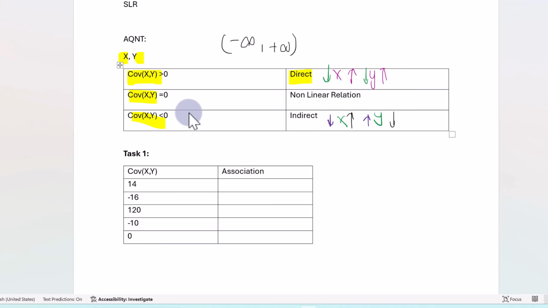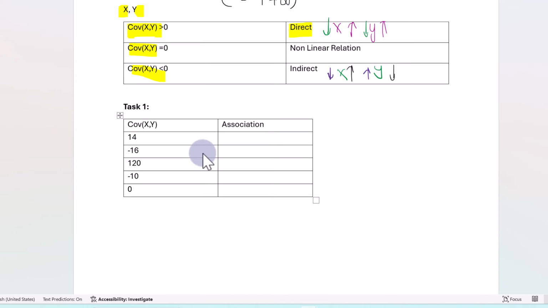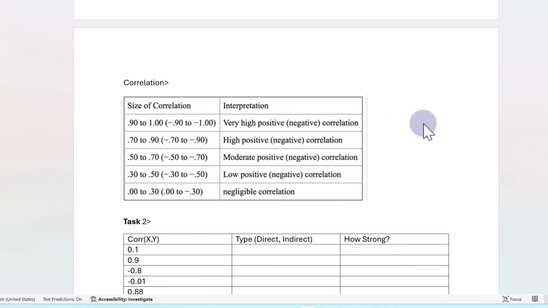However, it doesn't tell us how strong the linear relationship is. The only information it gives us is whether the relationship is direct, indirect, or there is no linear relationship.